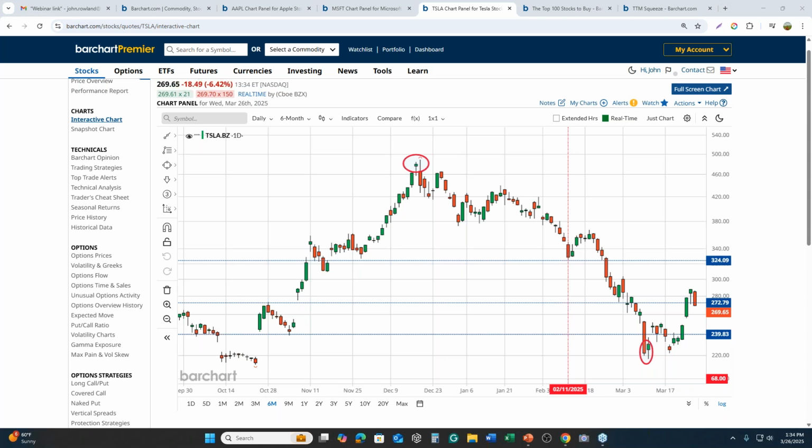The question from Michael: does it need to close outside of the band to give us a signal, or can it just touch? Michael, remember, now that we're learning how to use multiple time frame analysis, we are looking for that condition first, and then we're going to look for the setups.